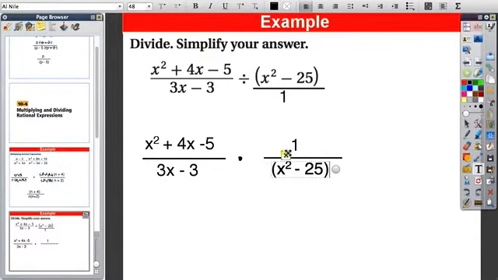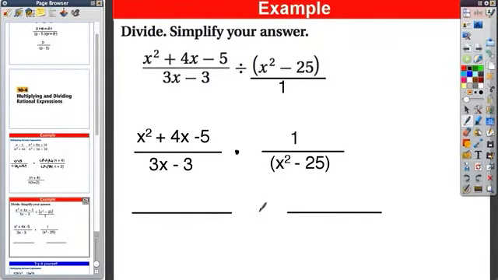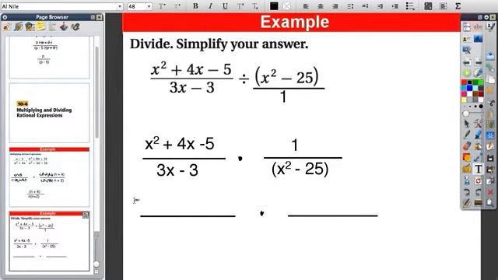And then we're going to factor here. So let's go ahead and factor to reduce. So here are two numbers you multiply, get negative 5. You combine them, you get 4. And this is negative 1 and negative 5.